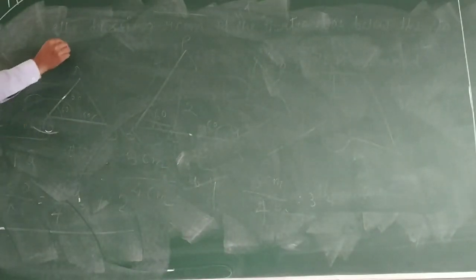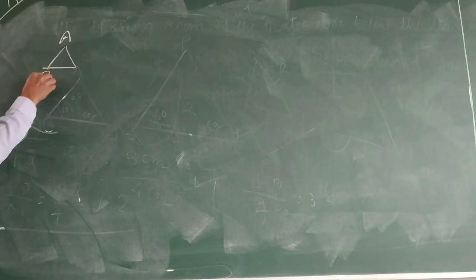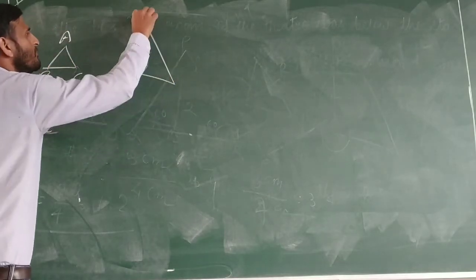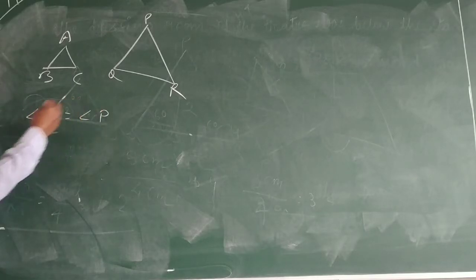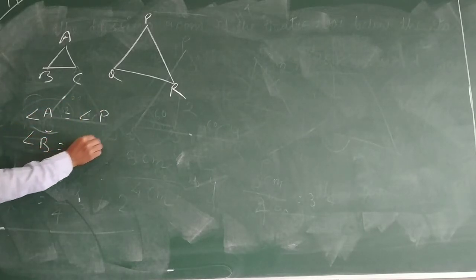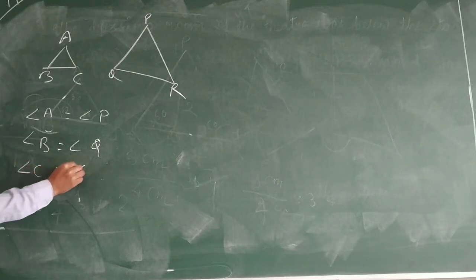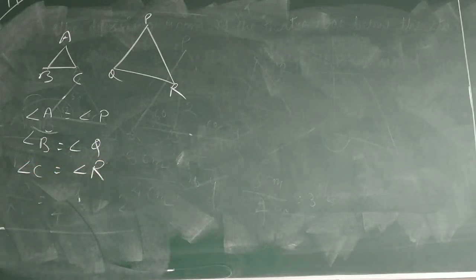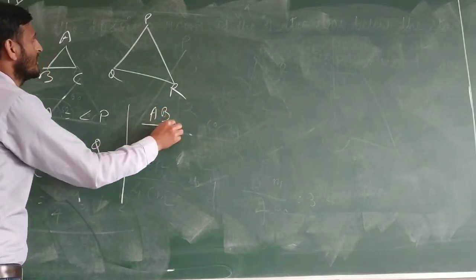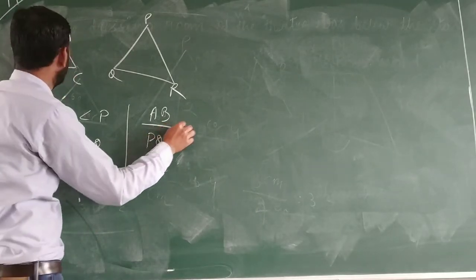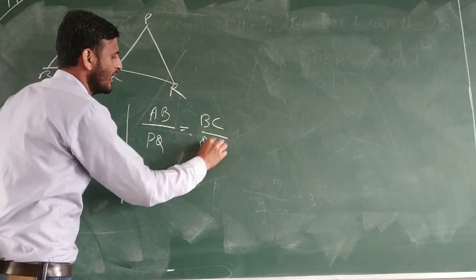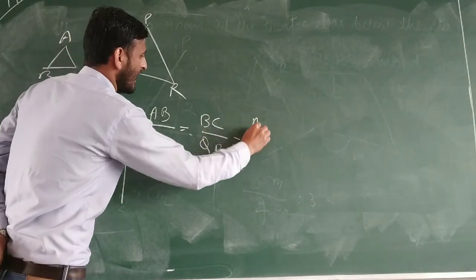suppose here two triangles are there, triangle ABC and triangle PQR. If these two triangles are similar, that means what? Angle A will be equal to angle P, angle B will be equal to angle Q, angle C will be equal to angle R, and the ratios of their corresponding parts, AB to PQ, will be equal to BC to QR and AC to PR.